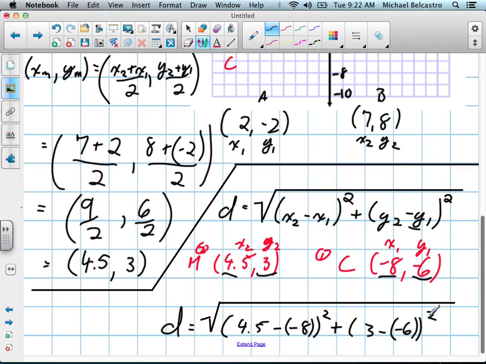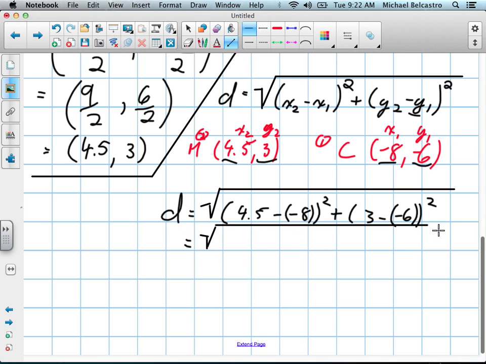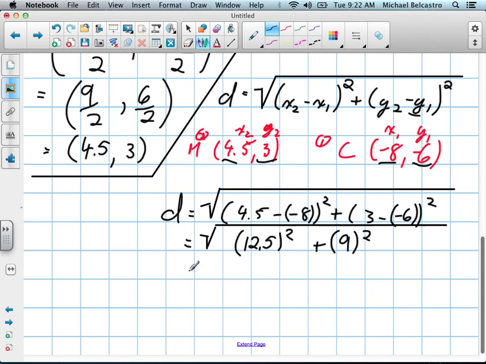Always make sure you guys realize that it's two negative operations beside each other. Okay? This then becomes, what is 4.5 subtract -8? 12.5. Good. 12.5, that's right, and it's still squared. And 3 subtract -6? 9, and that's still squared.